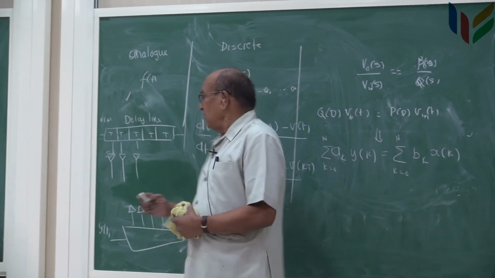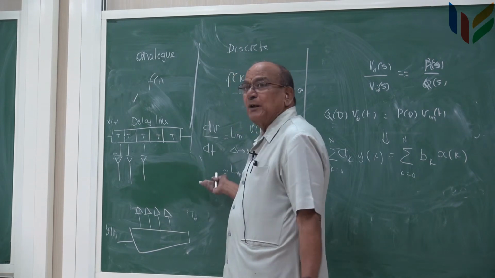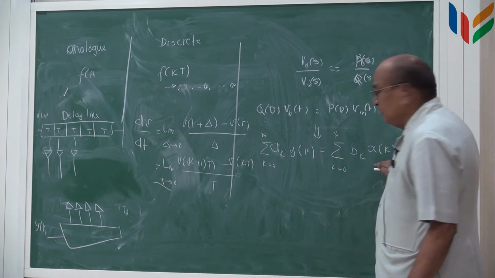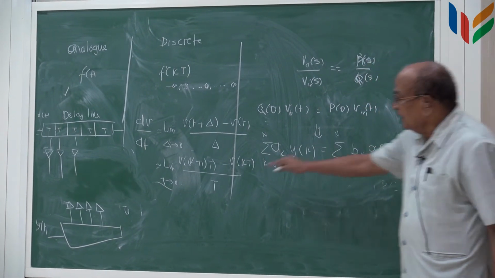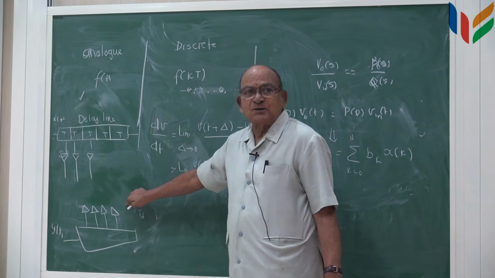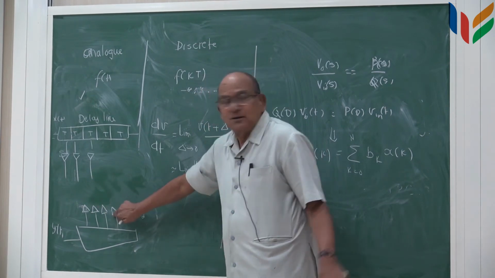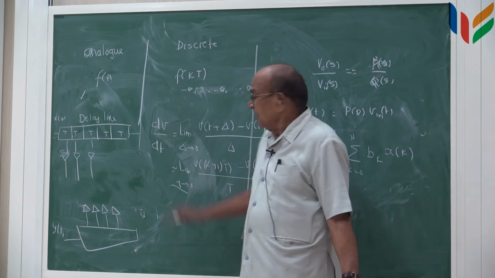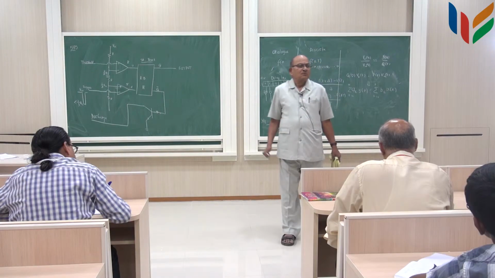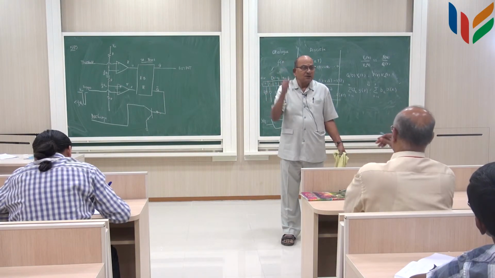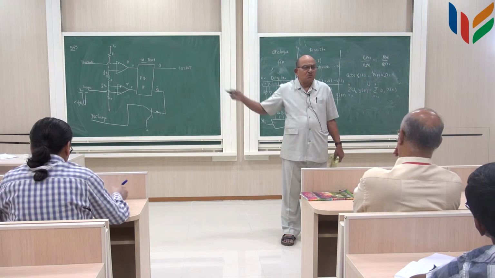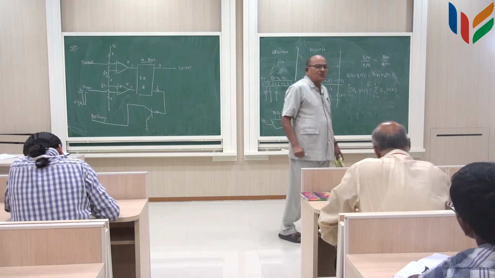The present output sample yk is equal to the weightage of the previous input samples plus the weightage of the previous samples of the output. Output samples are available to me by delayed versions. I weight them by some bk's, some ak's, and then just sum these two. yk is equal to sigma ak minus 1 yk minus 1 plus the x terms up to the k value.